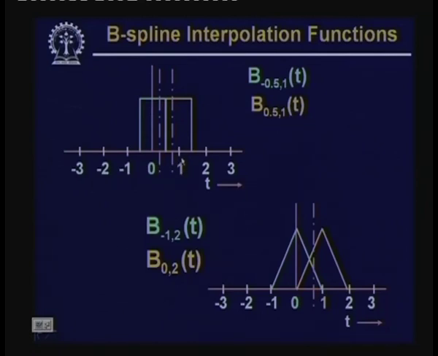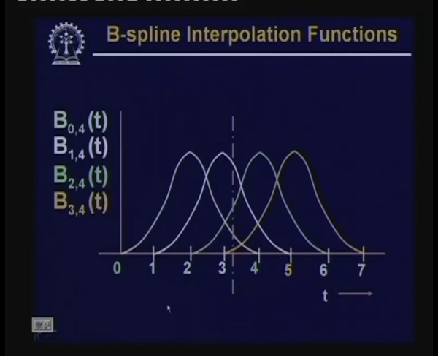To find out the contribution of p1, I consider the B-spline function to be b_0.5,1(t). Similarly, in case of linear interpolation, to find out the contribution of point p0, I consider the B-spline function to be b_-1,2(t), and to find out the contribution of p1, I consider the B-spline function to be b_0,2(t) and so on.